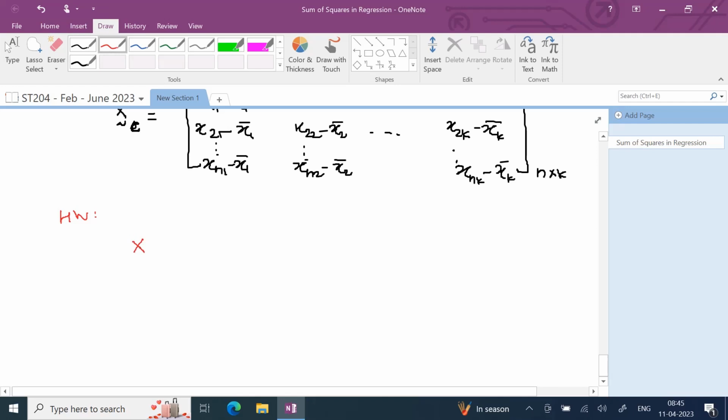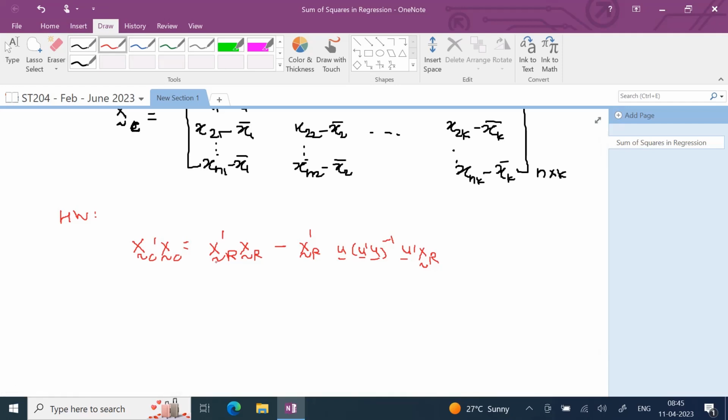You have to prove that xc prime xc is exactly the same as the matrix in the earlier derivation, xr prime xr minus xr prime u, u prime u inverse, u prime xr. You start with the RHS or LHS, whatever is convenient, or you can simplify both and prove that both simplifications turn out to be the same. No tricks required.